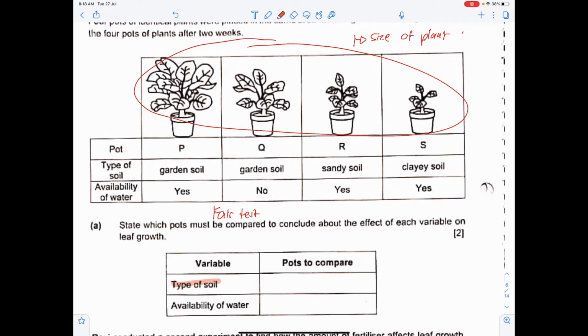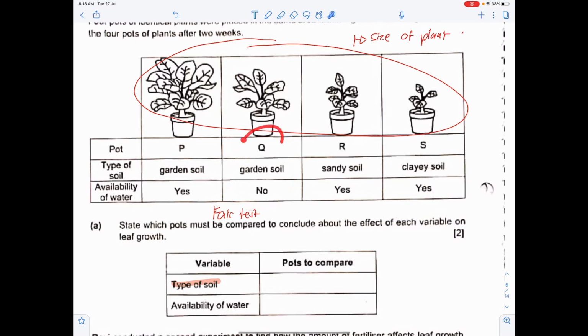Obviously, if you look over here, there are 3 types of soil. So I definitely do not need 2 garden soil. So basically the answer is P, R, and S. Why? Can you see the type of soil is different? You have garden soil, sandy soil, and clayey soil. Then the availability of water is the same for all 3.